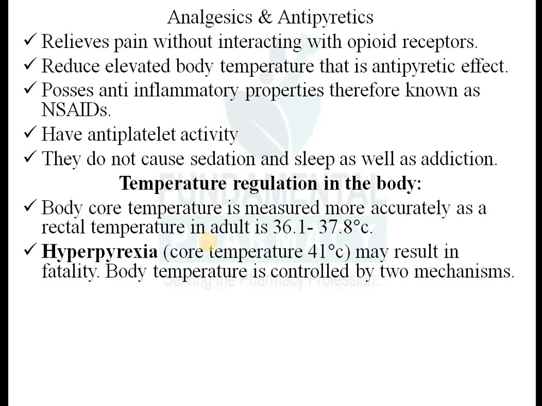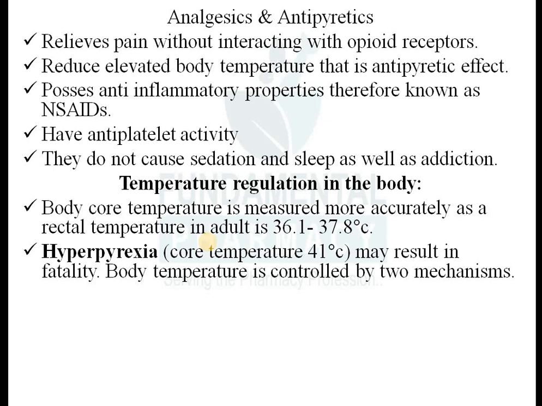It may be fatal to the person, because if body temperature increases more than 41 degrees Celsius, it results in convulsions, epilepsy, coma, and you may die. So hyperpyrexia is dangerous.